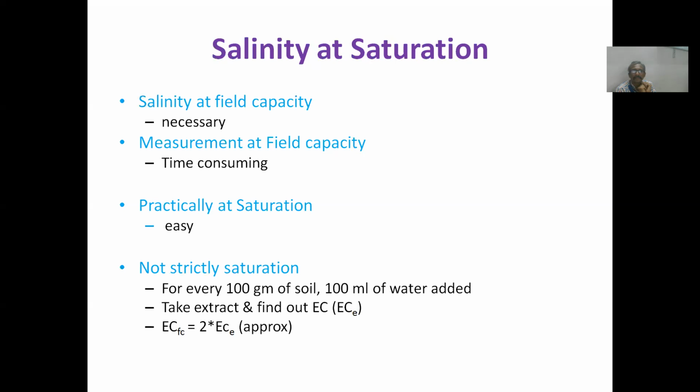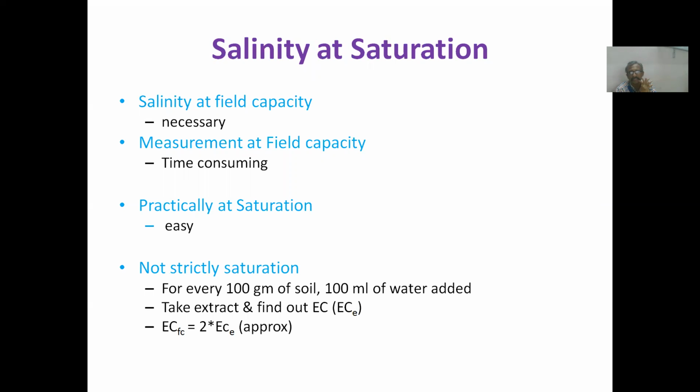Normally for practical interpretation, salinity at field capacity is necessary to be found out. But measurement of salinity at field capacity is very difficult, because it is difficult to extract water at field capacity from the soil. It is possible, but it is time consuming and costly.